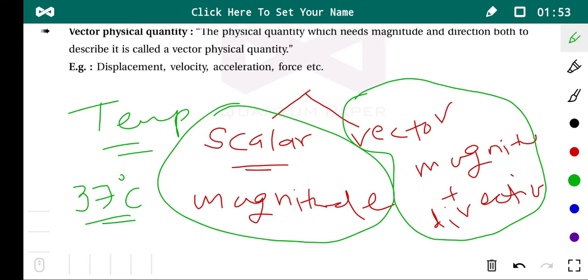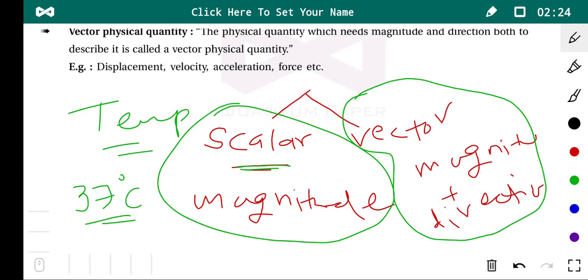We need not say this temperature happens only in this country. The magnitude of a temperature gives all the information about that physical quantity. So for temperature we need only magnitude to describe it. So temperature is a scalar quantity.